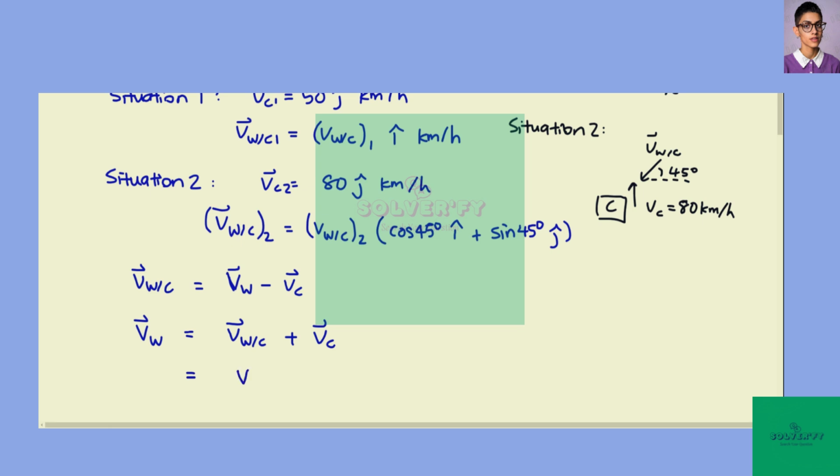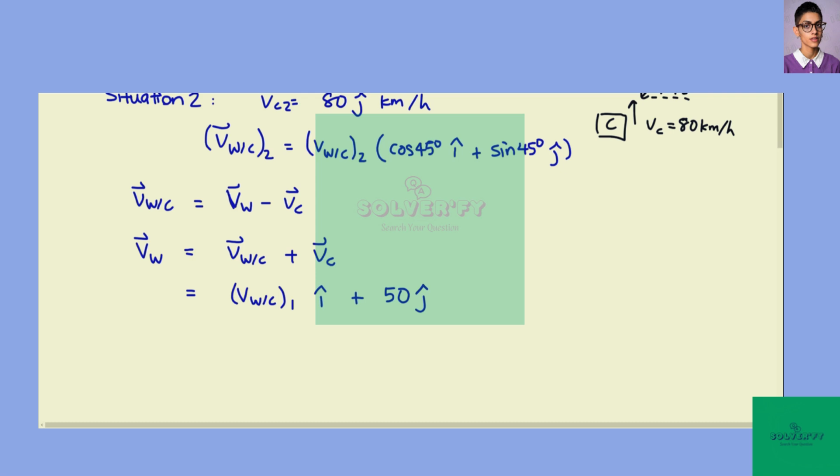So we have V_W/C1 i hat plus 50 j hat for situation 1. And for situation 2, we have V_W/C2 cosine 45 degrees i hat plus V_W/C2 sine 45 degrees plus 80 j hat. So we have two equations.